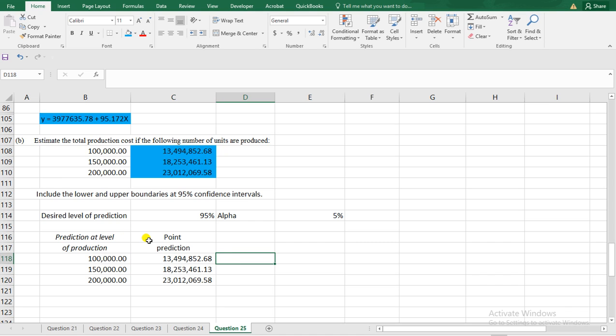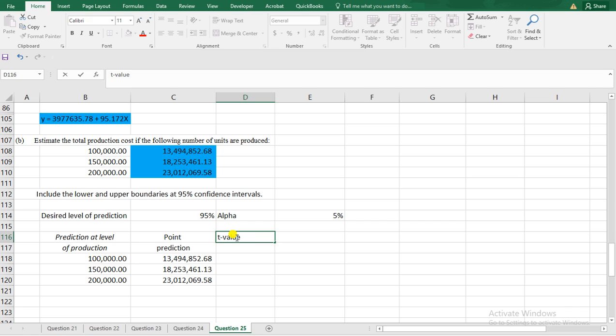Then from there, at any given point, if I'll be having my upper and lower boundaries, I must always determine our T value, because this will assist us in determining our margin of error, and hence our lower boundary and upper boundary.